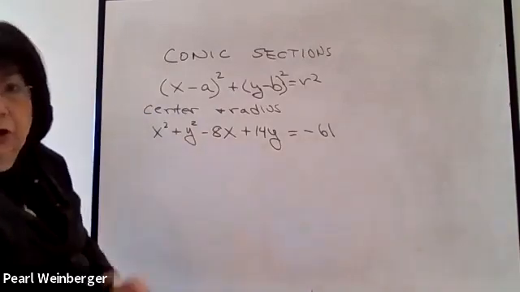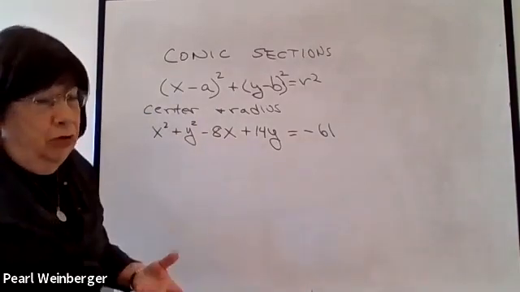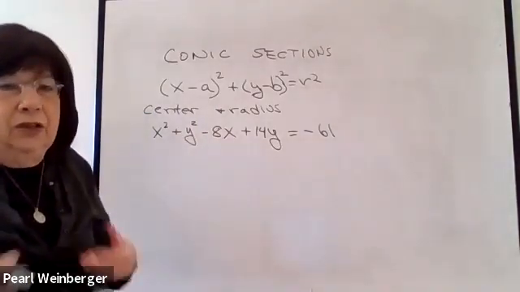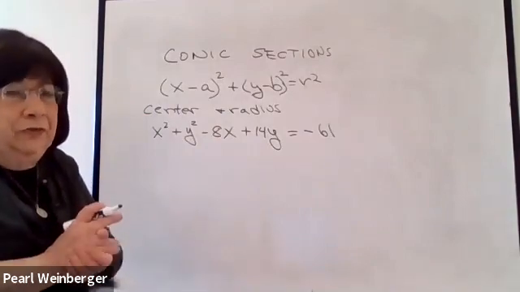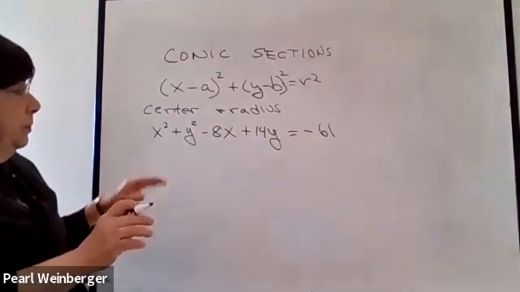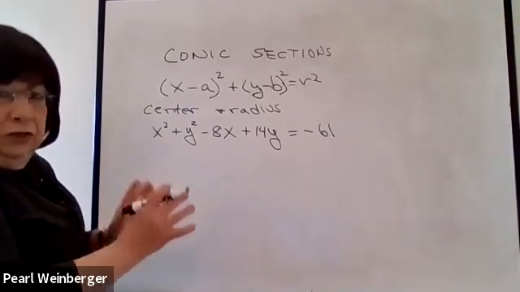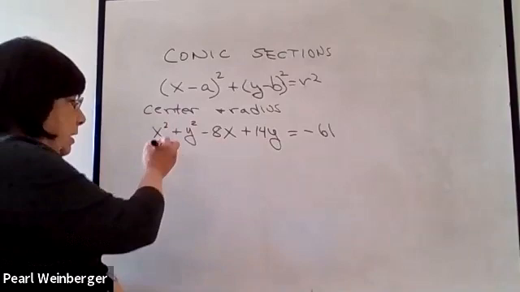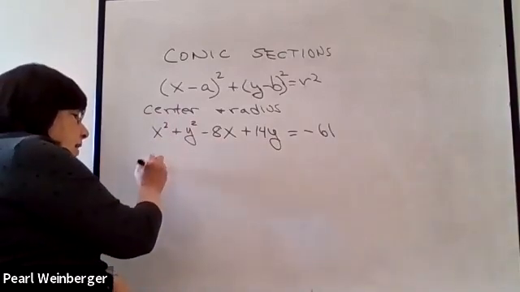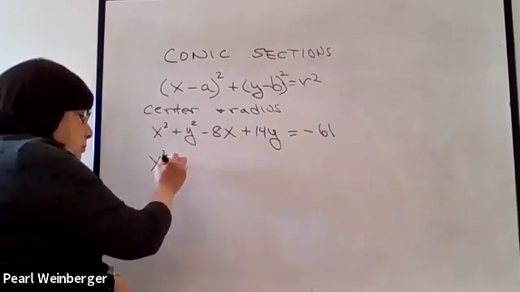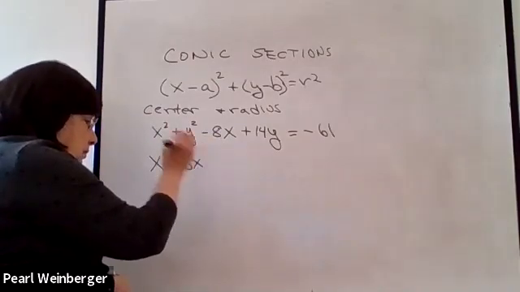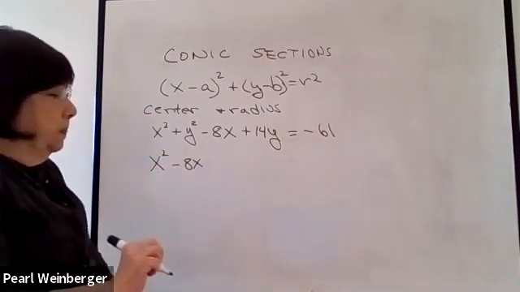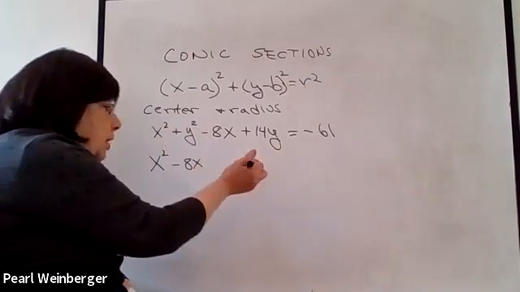And I'm going to show you a little trick, but a trick that you know most of the steps for already. Here's what you do. We're first going to rearrange things. We're going to put all the x terms together. So I'm going to do the x squared, and the other x term is -8x. And I'm going to leave a space. Then I'm going to get the y terms.